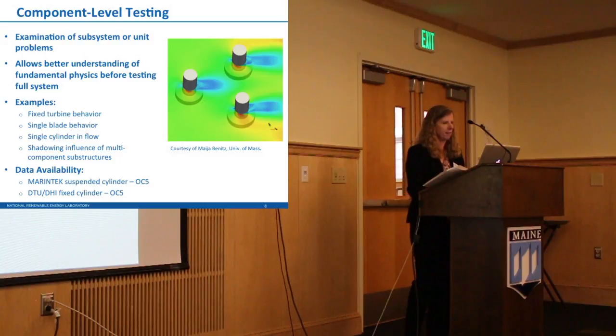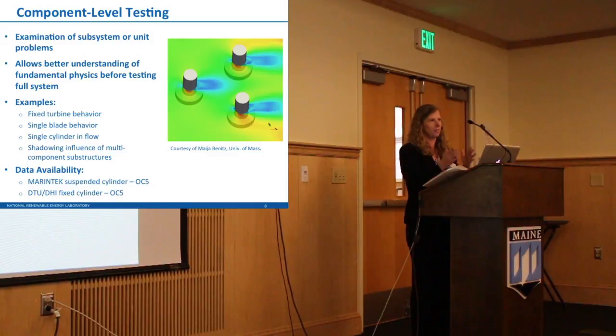I've also listed at the bottom of these slides some of the data that's presently available to the public, which is fairly limited. There's the project OC5, which I'm helping lead, which focuses on validating offshore wind modeling tools. We've been looking at 2 public data sets, one from Marintech and one from DTU, DHI, which look at fixed cylinders in a basin.